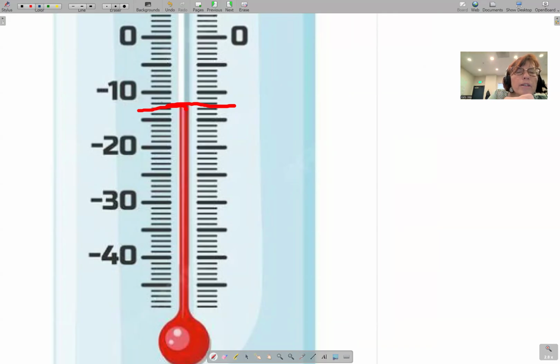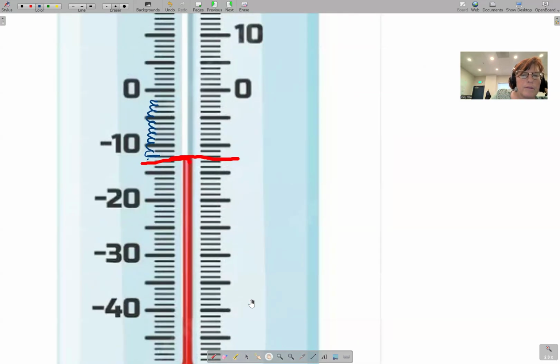We're starting at negative 12, which is right there, and we're going up 17. And you can see we are at positive 5.